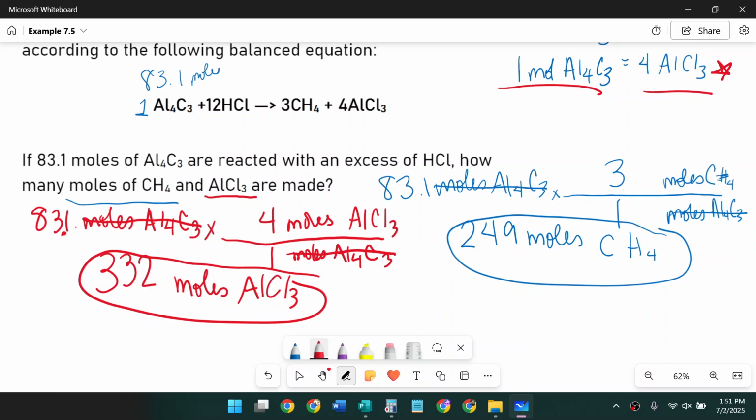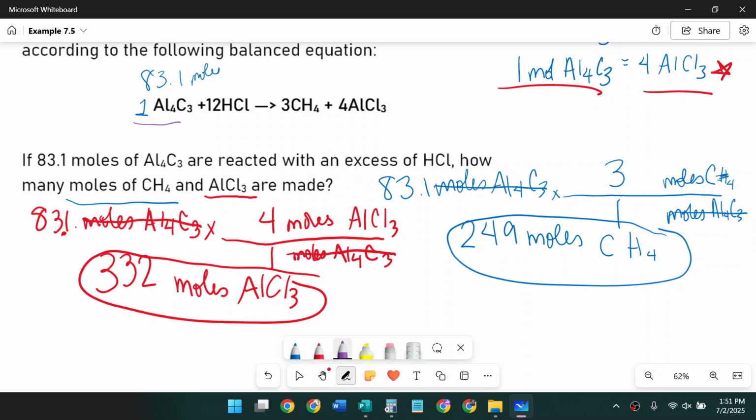All right. Let's see if we had anything else. So in the example, it points out the problem did not ask for anything extra, but it says that we could have also figured out how many moles of HCl there were. And we can do that by creating yet another relationship.